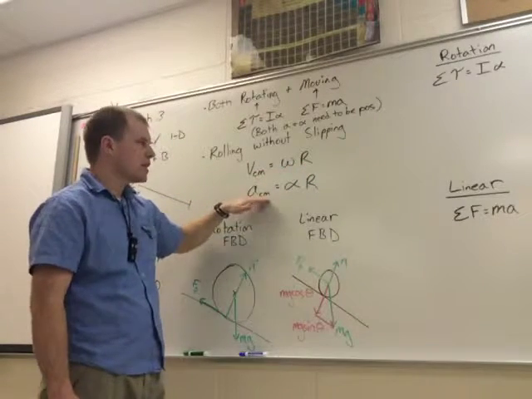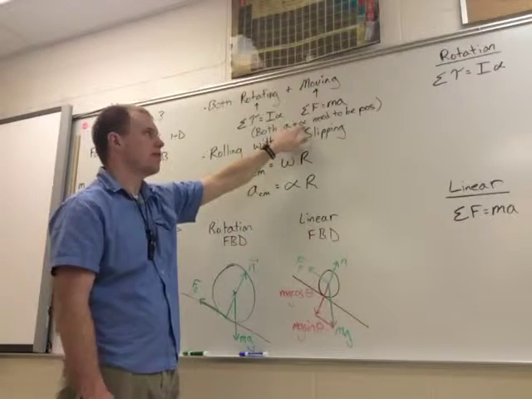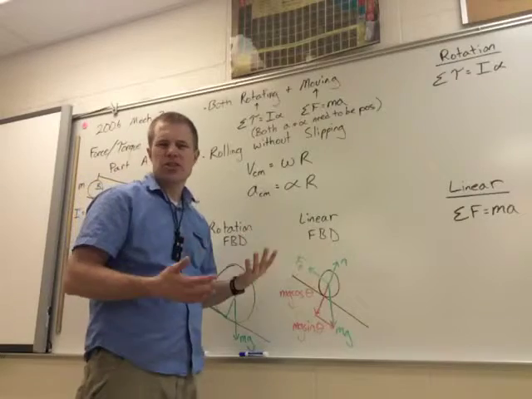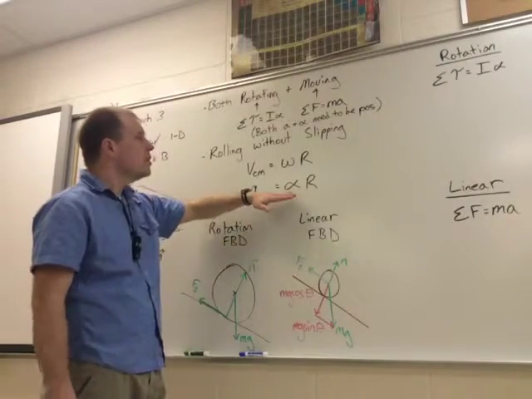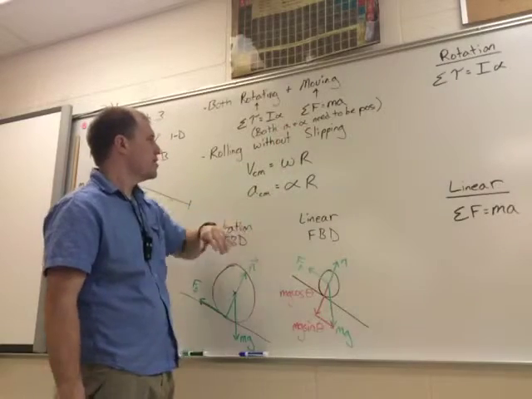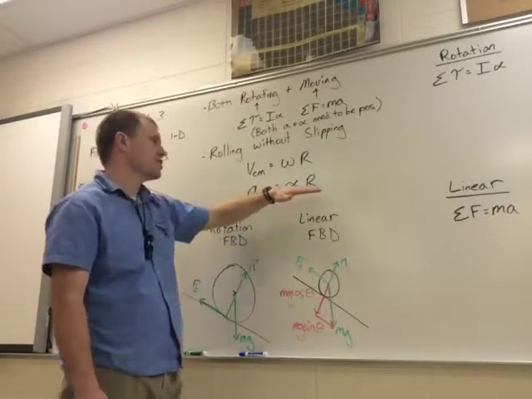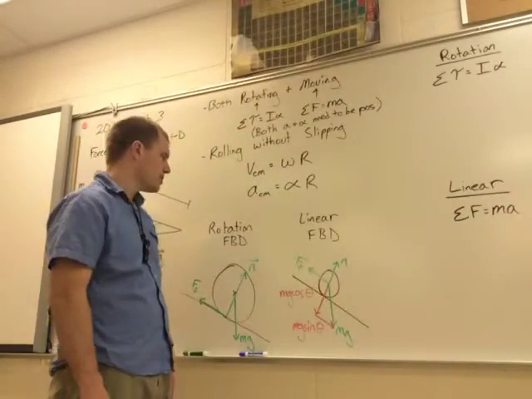The acceleration of the center of mass is going to be alpha times the radius of the object. We do need to make sure that both our a and our alpha are positive. We don't want one to be negative just because it's rolling down clockwise. So we'll make sure of that, and we'll make this connection between the linear acceleration of our center of mass and the angular acceleration of our object.